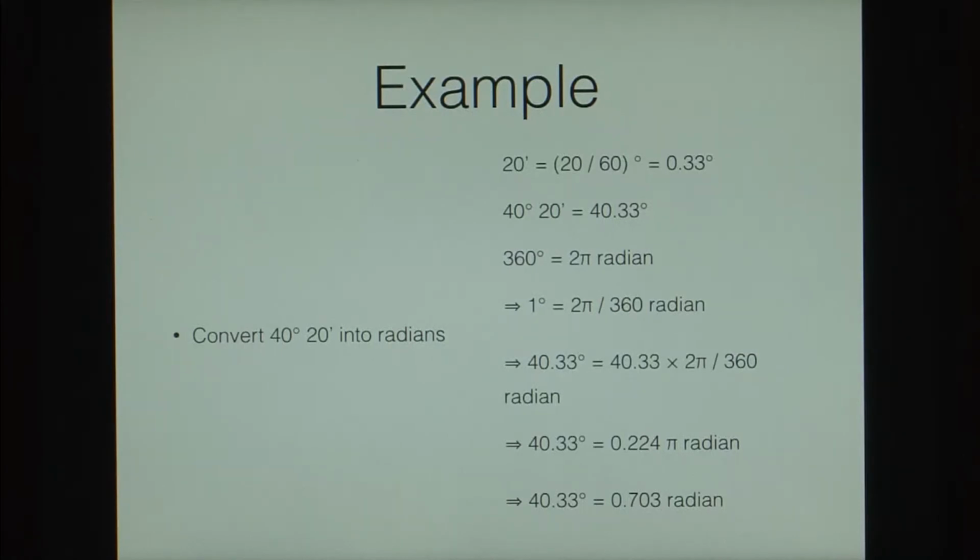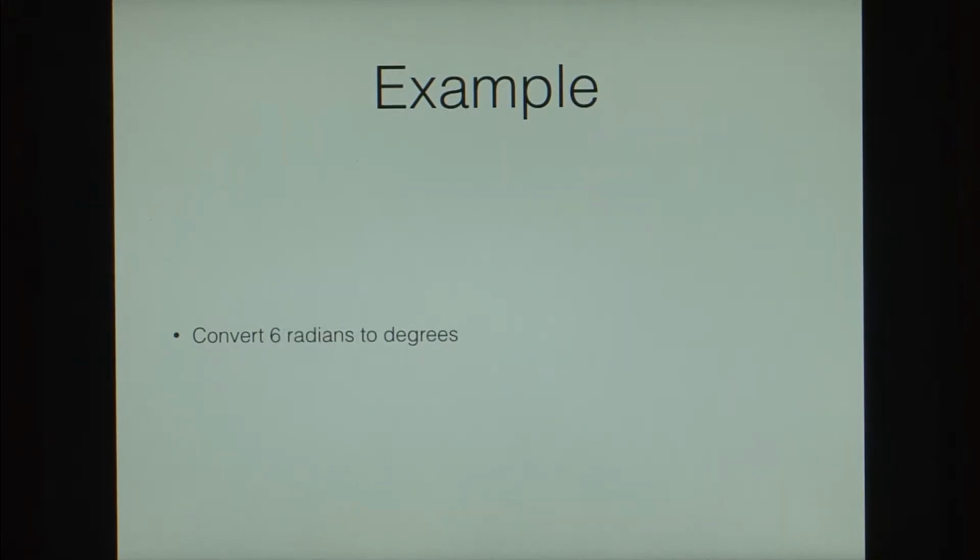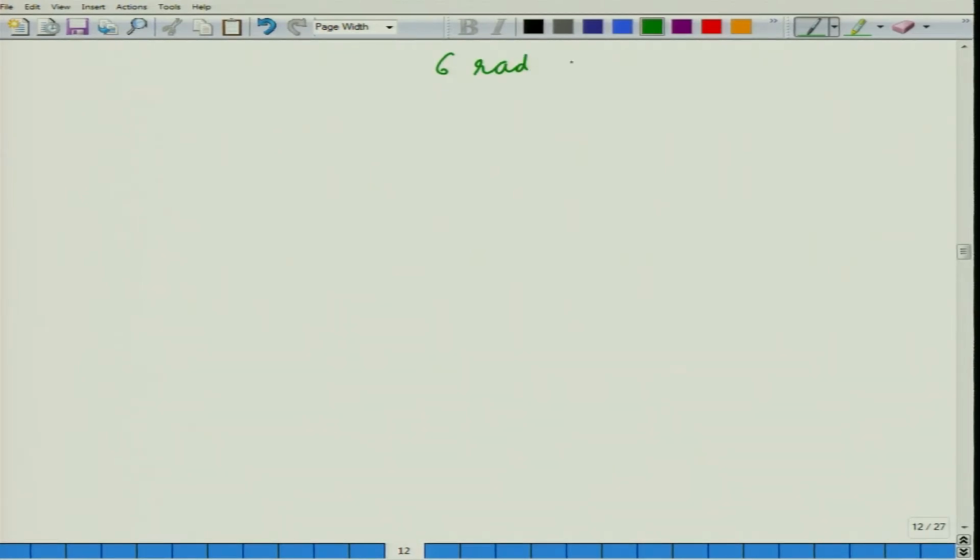Now, can we convert radians into degrees? It follows a very similar procedure. So, let us look at this next example. Convert 6 radians into degrees. So, we have a measure of 6 radian and we want to convert into degrees.